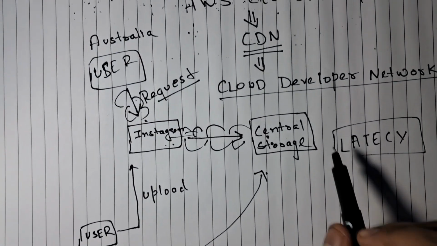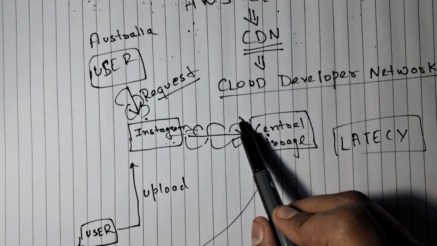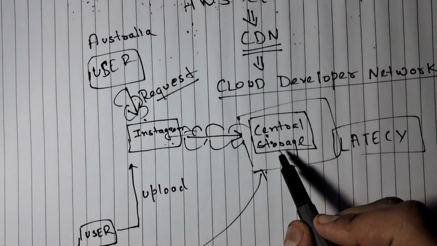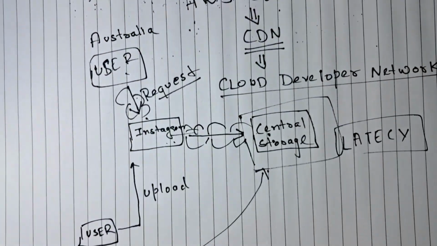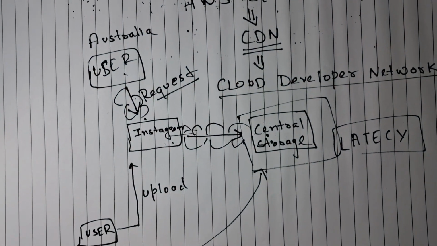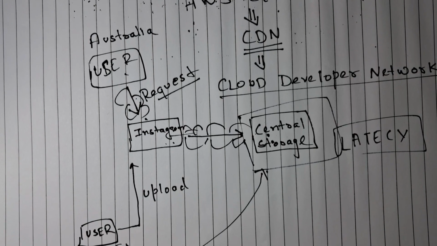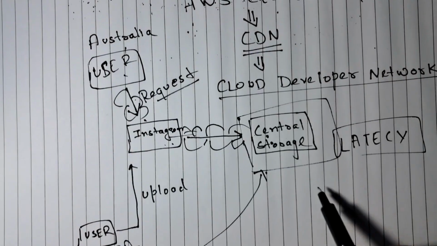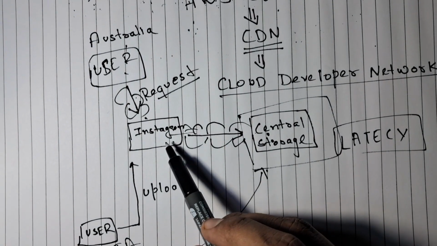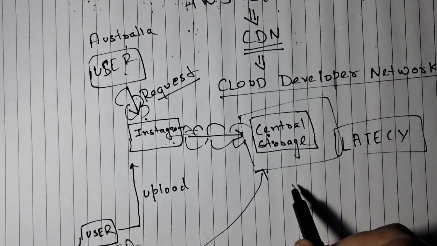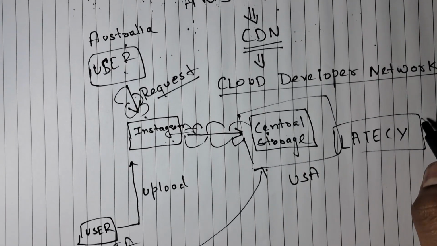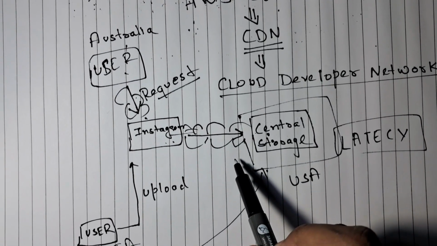Because my central storage can be anywhere in the world. Even if I am in India or Australia, the central storage doesn't have to be in India or Australia. Let's say Instagram must have been using central storage in the USA. So it will take a lot of time to handle one request.